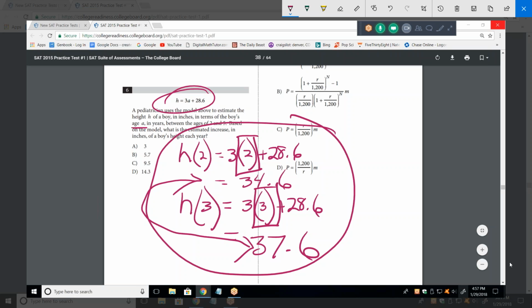You just have to figure out a way to do it. When I did it this second way, I didn't know what slope meant, didn't know what y-intercept meant. I just figured out the difference in his height from age 2 to age 3. And it was 3 inches. Well, that means his average estimated increase per year is going to be 3 inches.